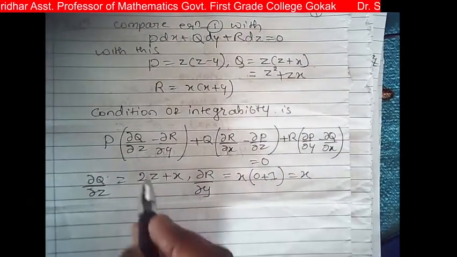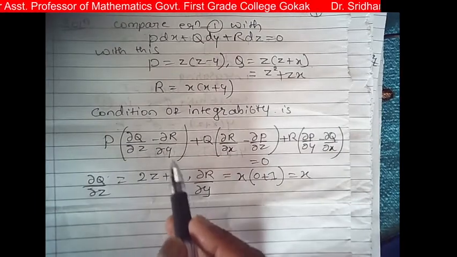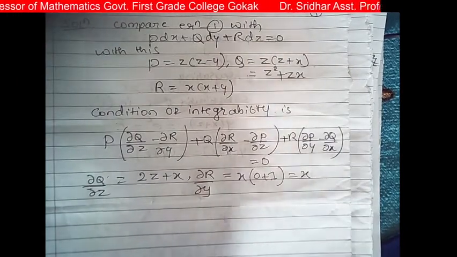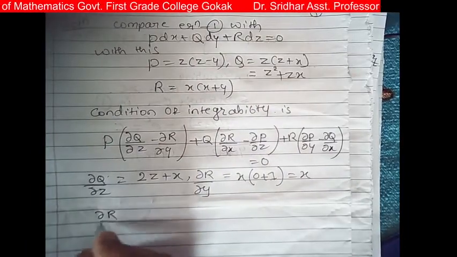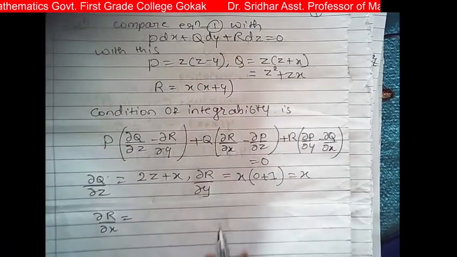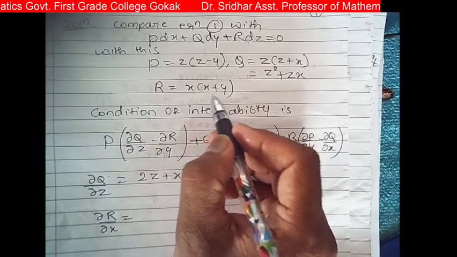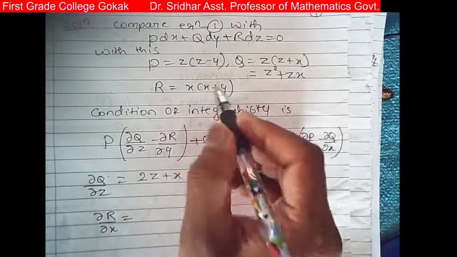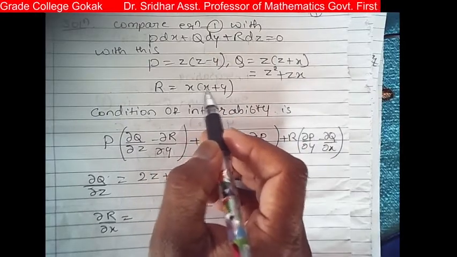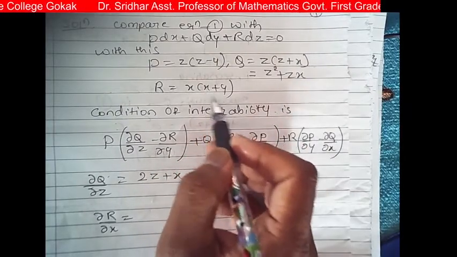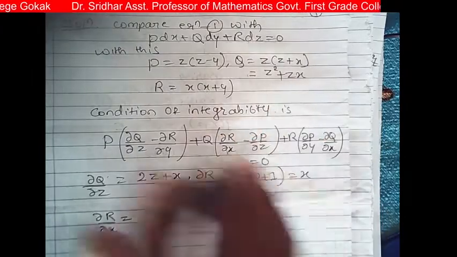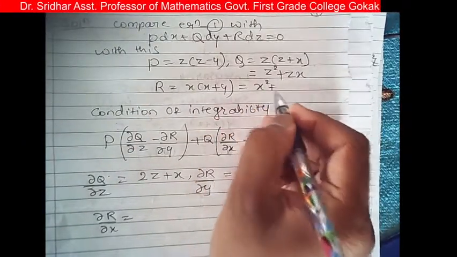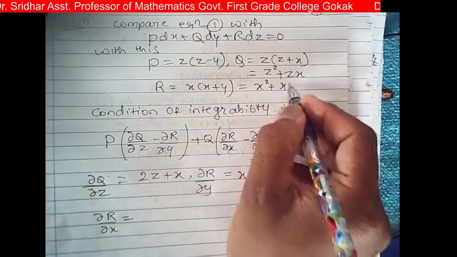Next we found dou R by dou x. So dou R by dou x is equal to, again here R is x into x plus y. Either you can apply product rule, or you multiply this x with the terms in the bracket and then differentiate. So I multiply this x: x into x, x square, then x into y, xy.